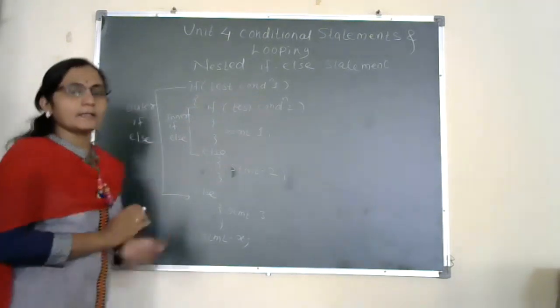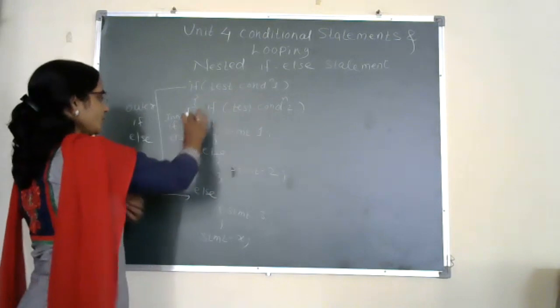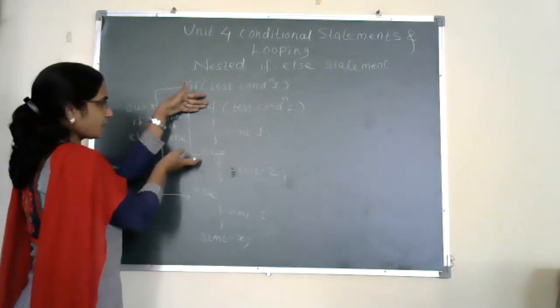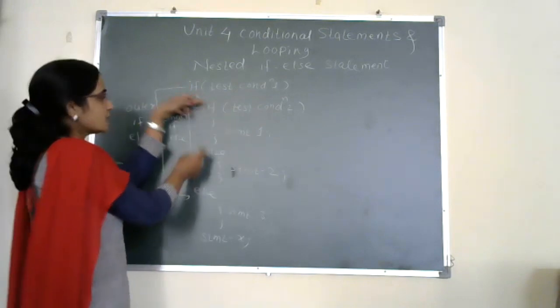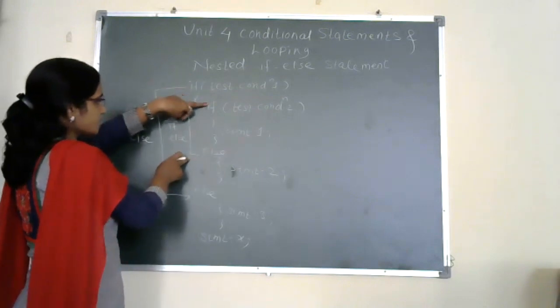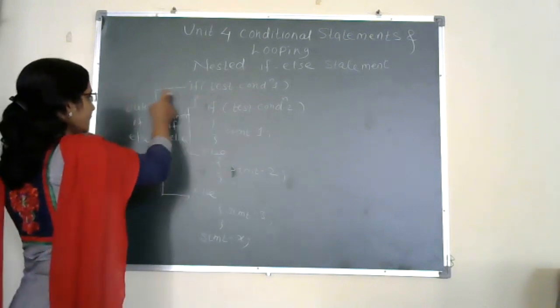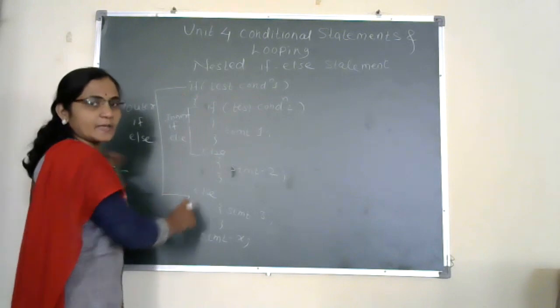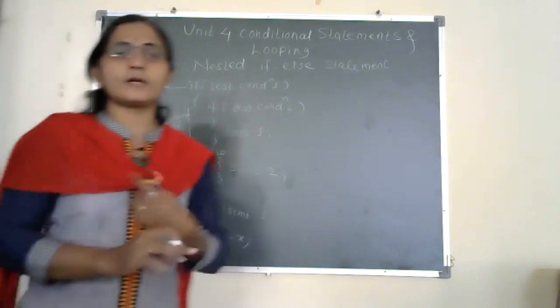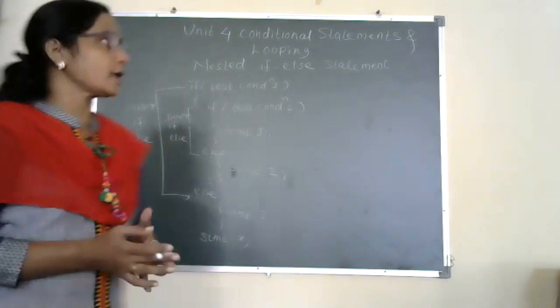Now you will get a clear idea with this figure. The inner if-else is one complete if-else statement. This complete if-else statement is completely embedded within the outer if-else statement, and this concept is called the nested if-else statement.